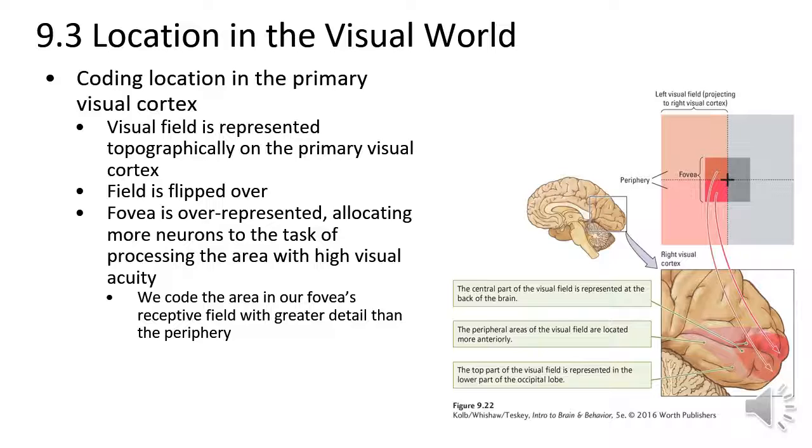And the fovea is overrepresented, meaning that for the amount of space that the fovea takes up on the visual field, a relatively large amount of the neocortex is dedicated to things that were in the fovea, and this allows for greater detail for the information that was in the fovea as compared to the periphery.